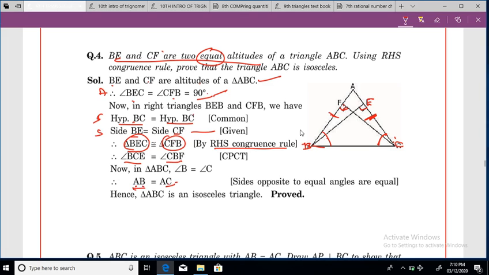What it means? If in a triangle any two sides are equal, then we say that triangle is an isosceles triangle. So here two sides are equal, it means ABC is an isosceles triangle. Sides opposite to equal angles are equal, so these are equal to each other.